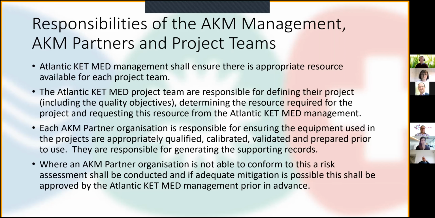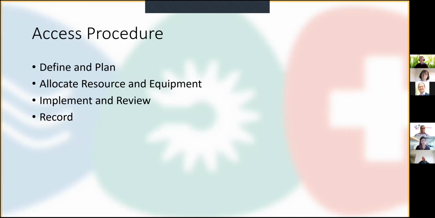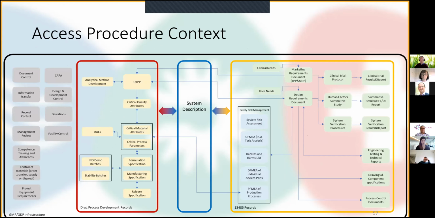That's really the key to the use of the templates, is to define what's required from the quality perspective as you go through your project. Allocate resource and equipment, implementing it and reviewing as you actually go through it, and recording. Those are the four key steps as you actually run through the access procedure.